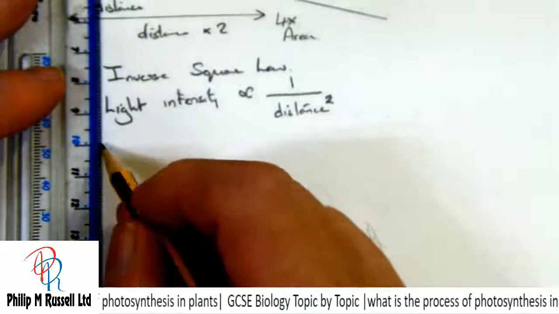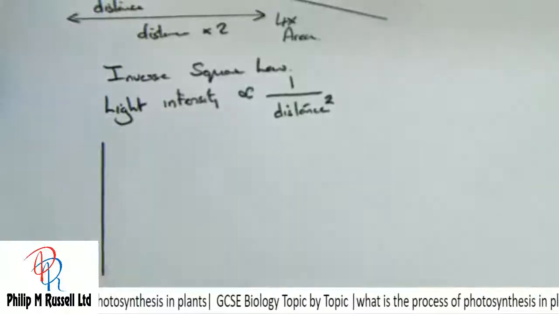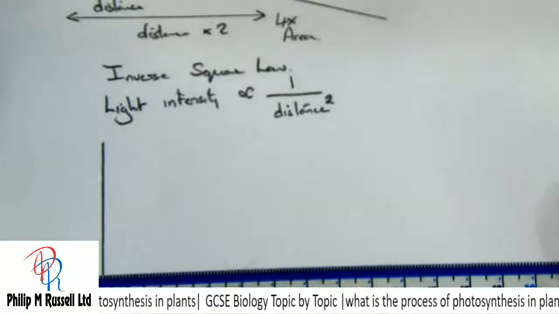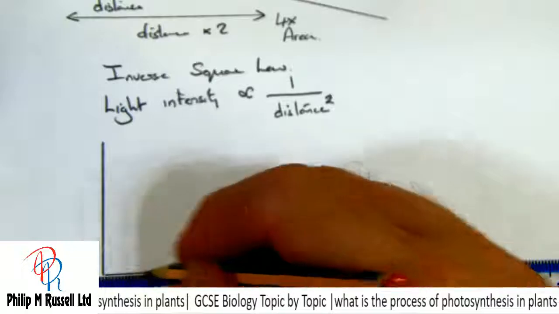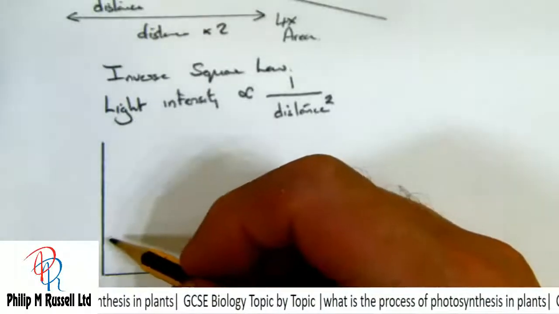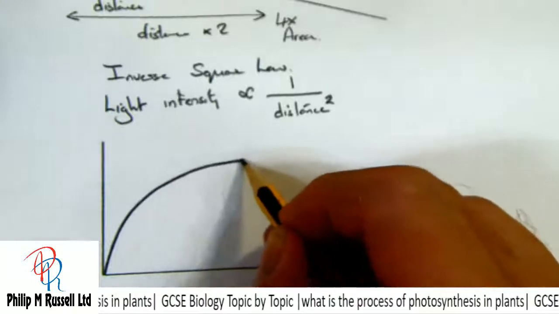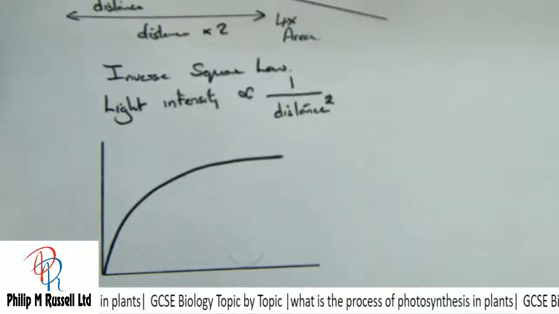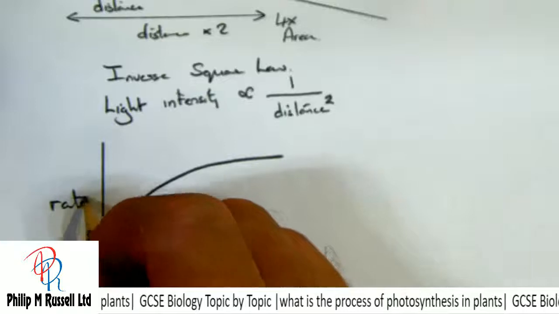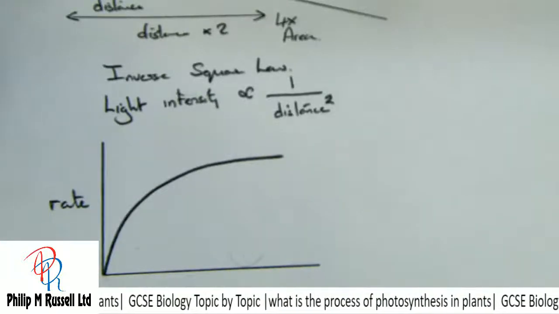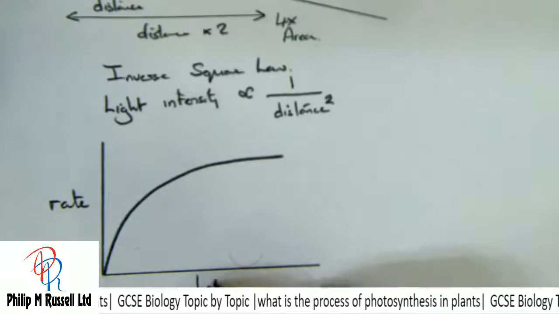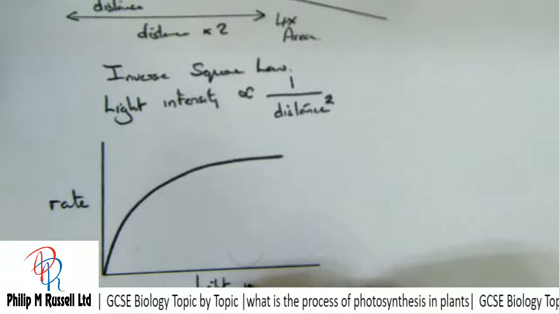Let's see the sort of graph that I would get with this. Basically, as I move this away, this is going to be my rate of photosynthesis, and here I'm measuring my light intensity.